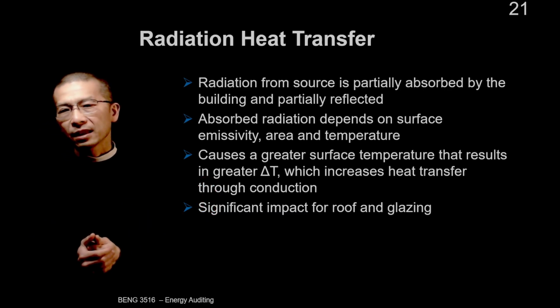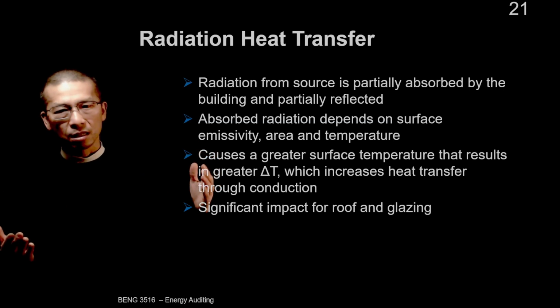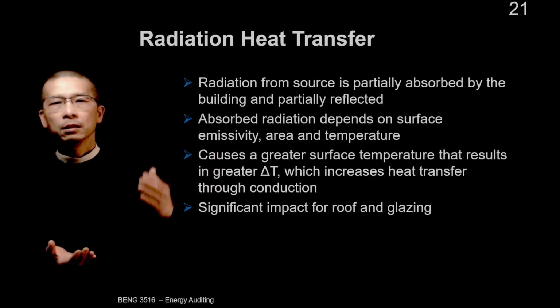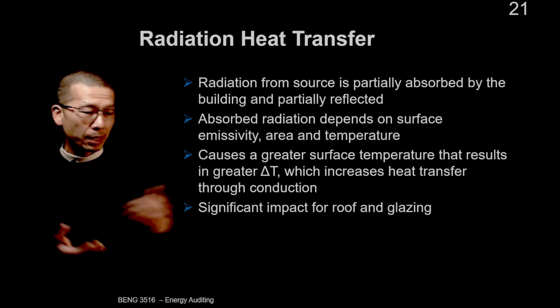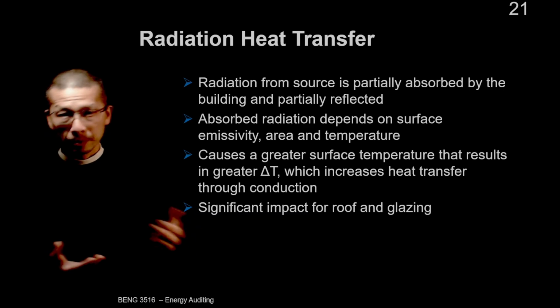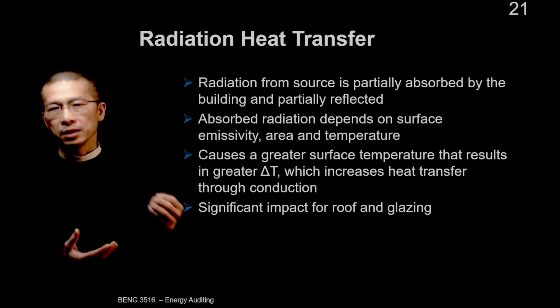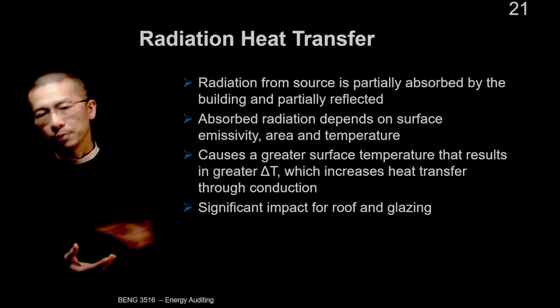So this effective large delta T across the roof is now based on that 65 degrees, for example, compared to what? 10, 20 maximum, which really increases the heat transfer through conduction into the building.